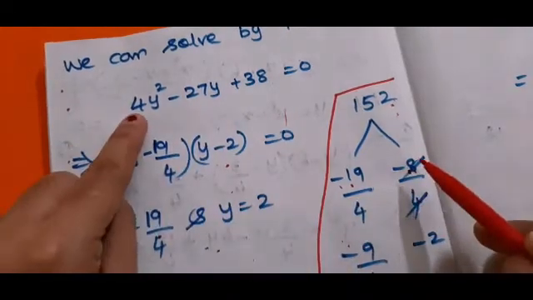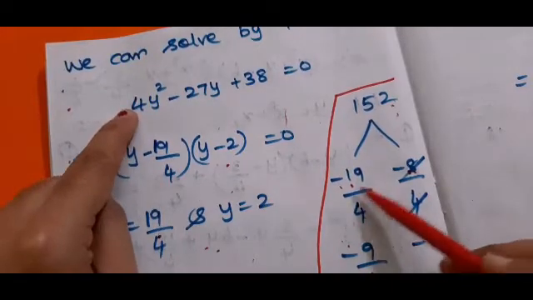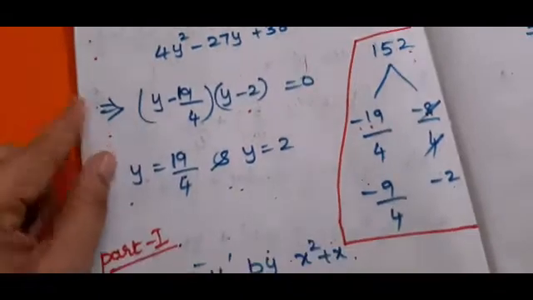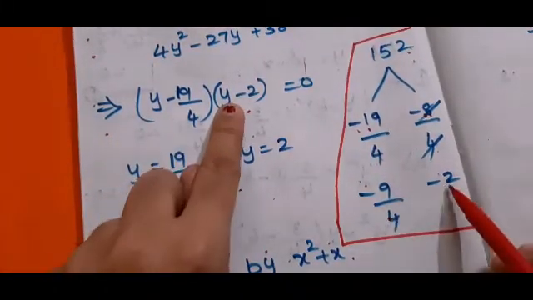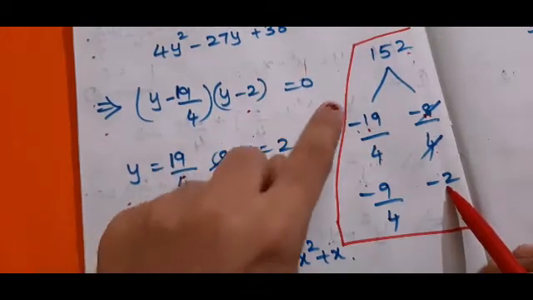Here I have a coefficient of y square, and with that coefficient I want to divide. So, divide by 4. Minus 8 by 4 means minus 2. So, y minus 19 by 4, y minus 2 is equal to 0.